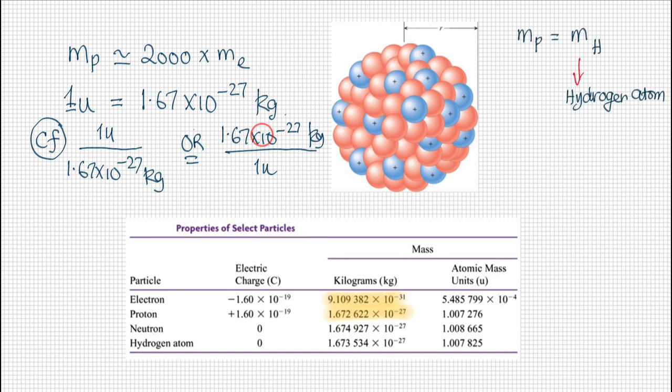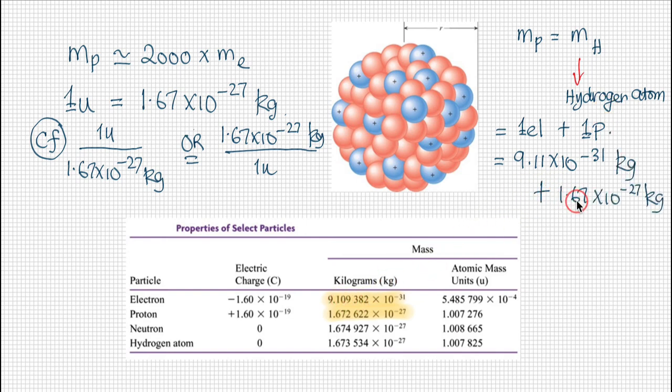The other thing I want to draw your attention to is this hydrogen atom down here. You can see that the hydrogen atom is really close to the mass of a proton, and if we were to include the electron mass in the hydrogen atom, then we would have to include the mass of an electron from the table in kilograms plus the mass of the proton.